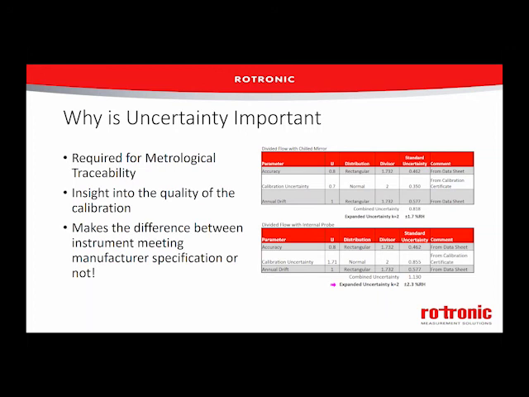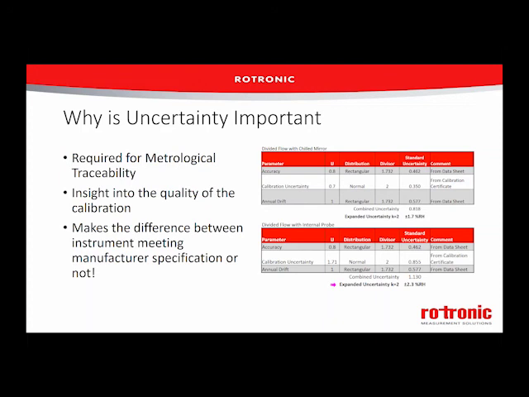So if you're looking to get your instrument calibrated and back to factory specification, it's important that the uncertainty of your calibration is the same or better than what the uncertainty at the factory was.